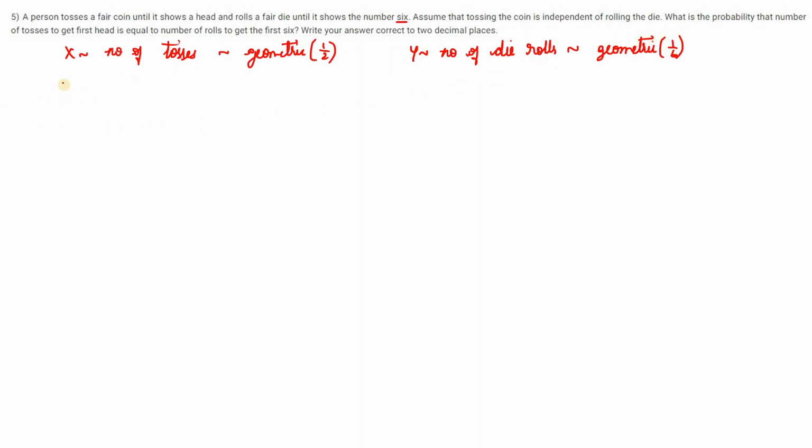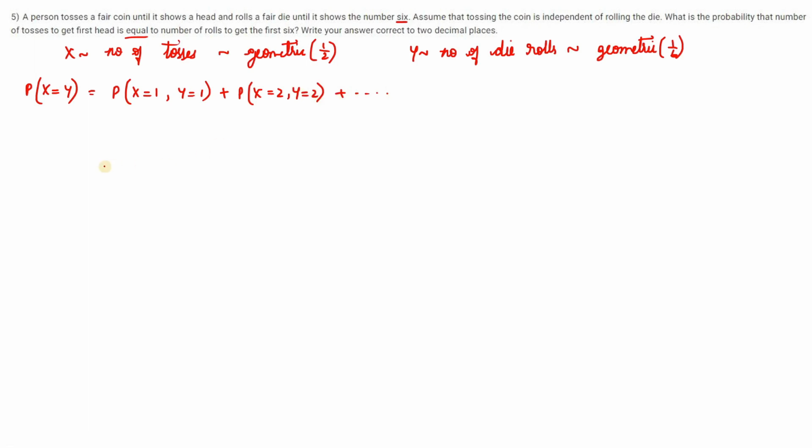Now what have they asked us to find out? They have asked us to find the probability that the number of tosses to get the first head is equal to the number of rolls to get the first 6, which is nothing but probability of x equal to y. We can get x equal to 1 and y equal to 1 in the first try itself, or in the second try, and so on up to infinity.